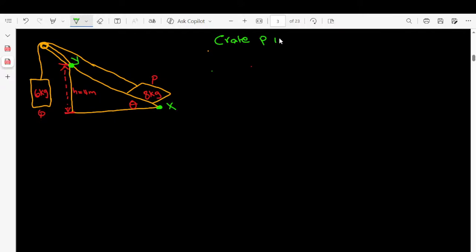Crate P is at rest on slope xy. Now they tell us that when Q is released, it falls to the ground. This is the first information that we are given.